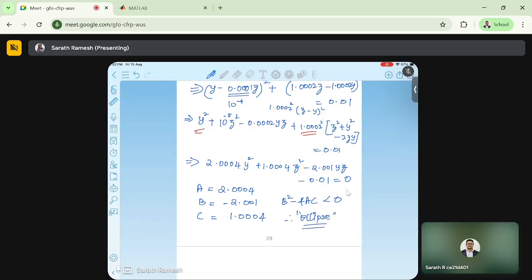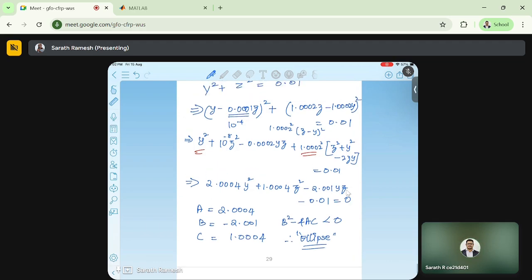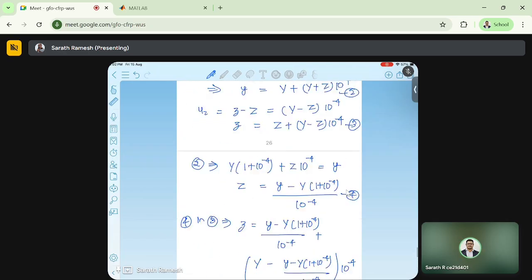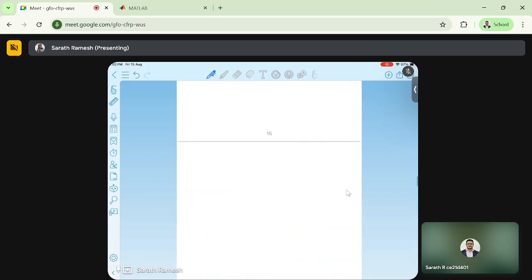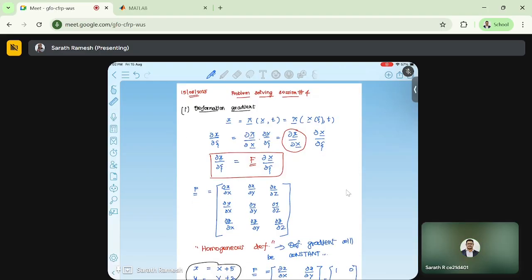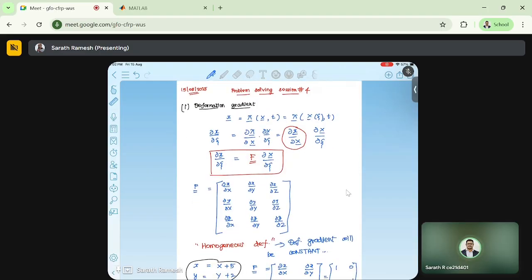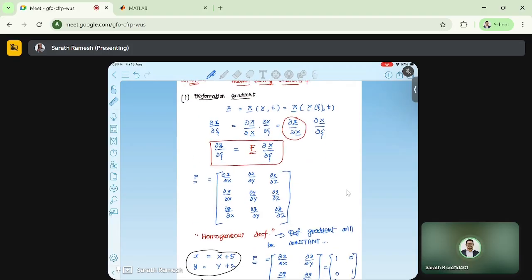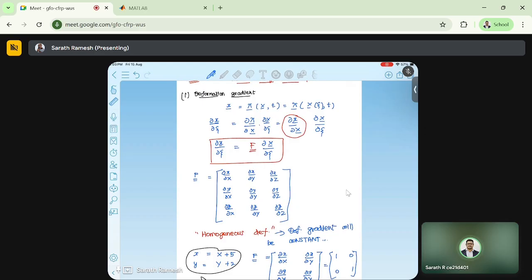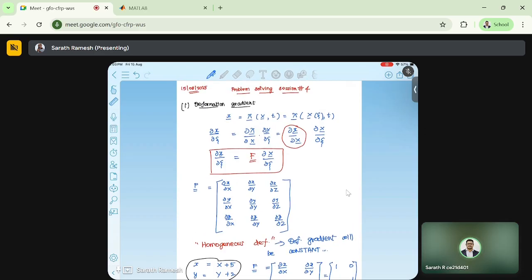Okay, that's it. So with this, I think we come to the end of the problem solving session. Let me quickly recap whatever we have seen today. First, we started with the concepts and formulas required to solve the week 4 assignment.